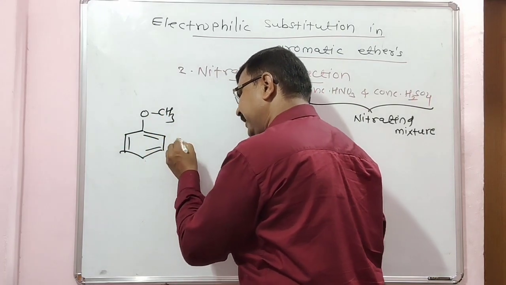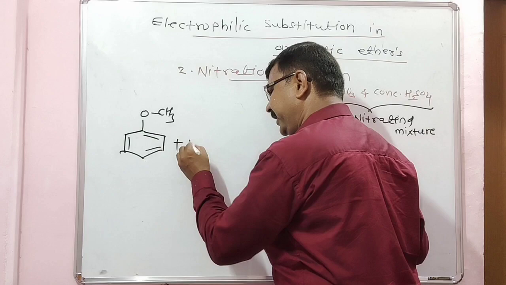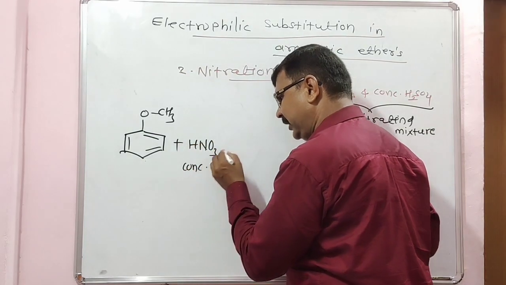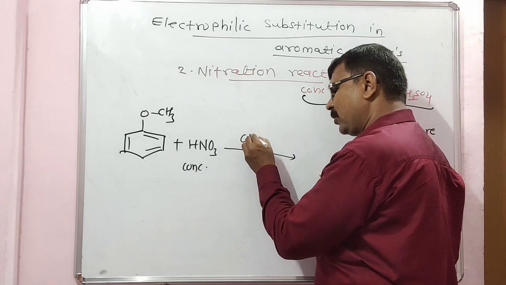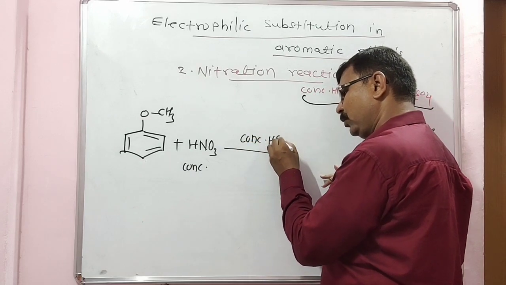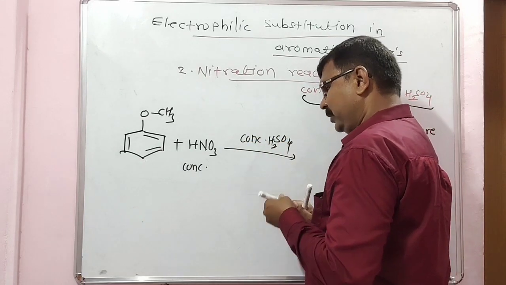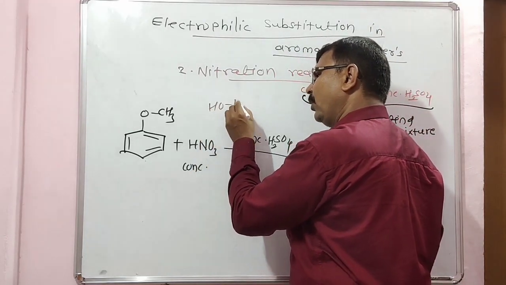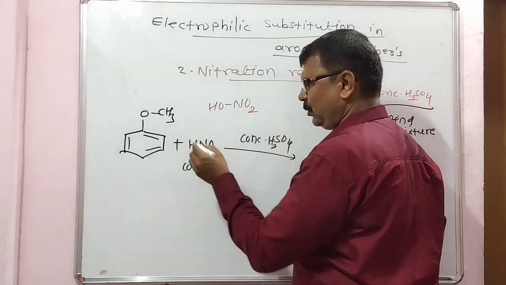Anisole is reacted with concentrated HNO3 in the presence of concentrated H2SO4. Look here, concentrated HNO3, everybody here, like this, HONO2.